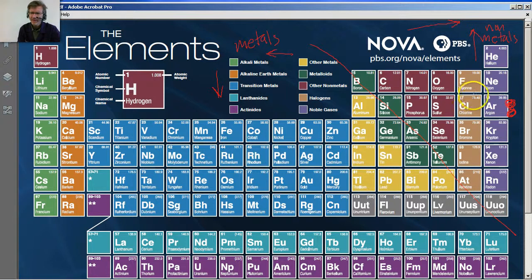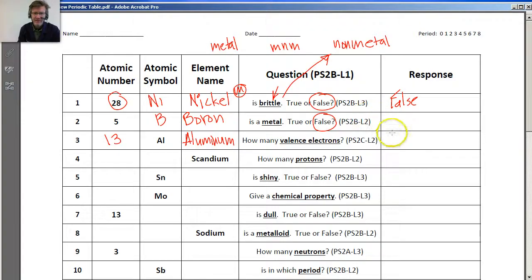The number of valence electrons goes down as you go to the left here. So this is group 17, which has 7 valence electrons. This is group 16, which has 6 valence electrons. 15, 5 valence electrons. 14, group 14 has 4 valence electrons. Group 13, 3 valence electrons. Aluminum is in group 13, has 3 valence electrons.